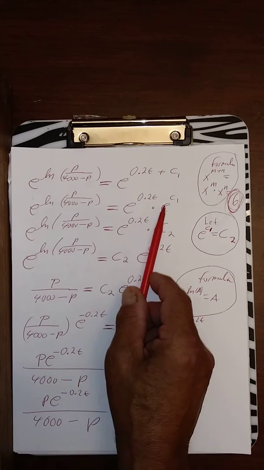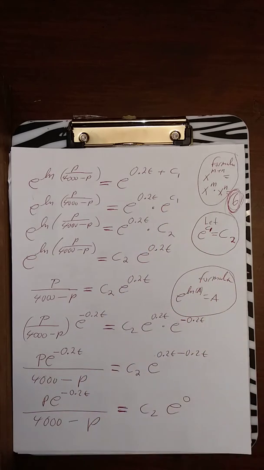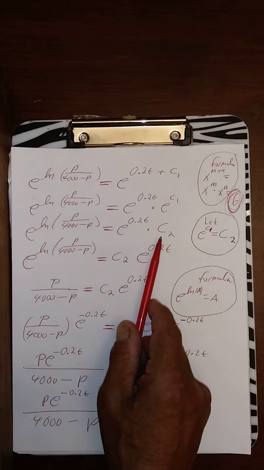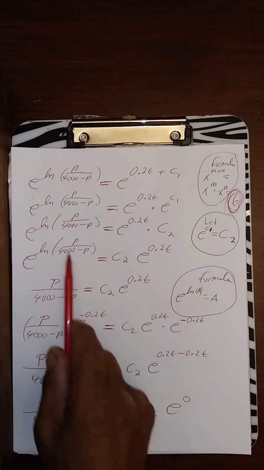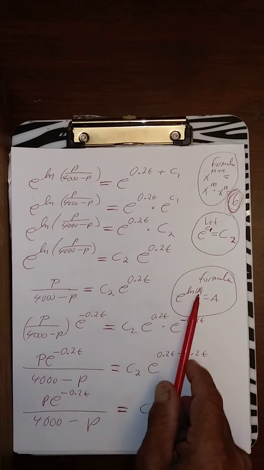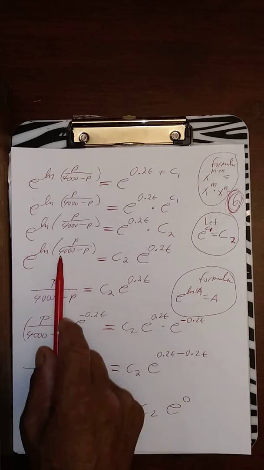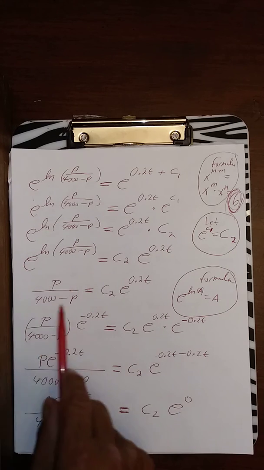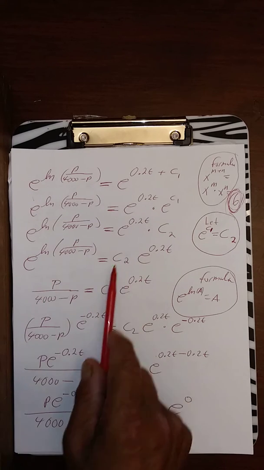So now e to C1, let's call it C2, just to give it another name. So we have C2 times that, e stays there. Now e to the ln, another formula: e to the ln of a is just a, so e to the ln of this is just that. We'll rewrite this, C2 times that.